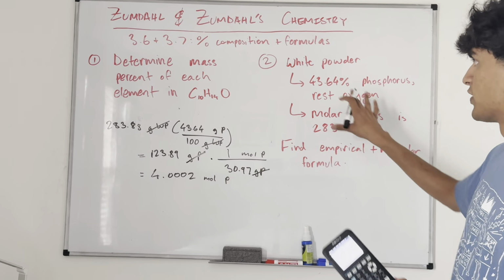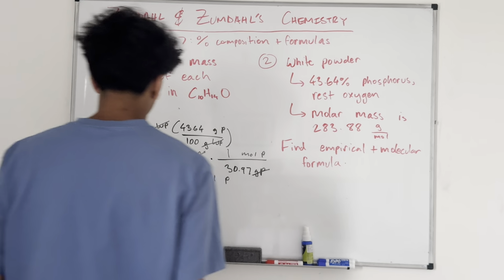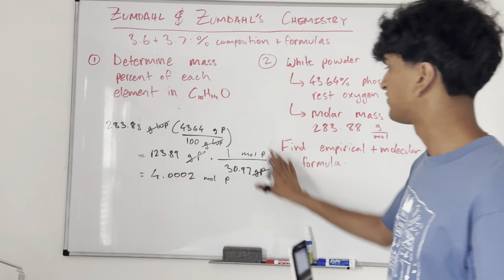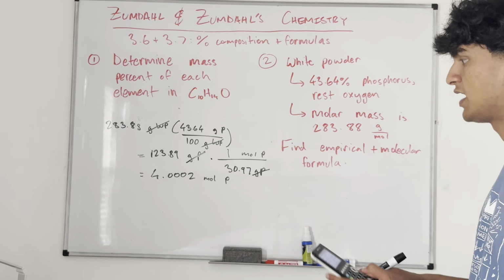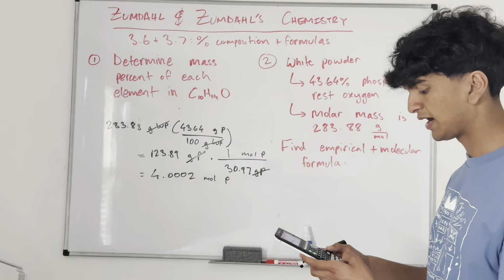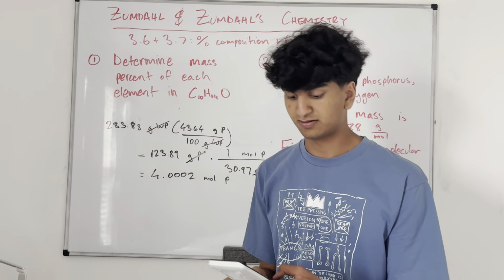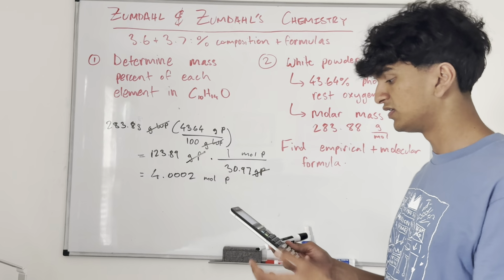But I want to figure out the oxygen. So I'm going to run the same thing. I'm going to spare some of the writing out of the stoichiometry or the units to save time, but I'm doing the same thing. Instead of 43.64%, I'm going to do 100 minus 43.64, which is 56.36.